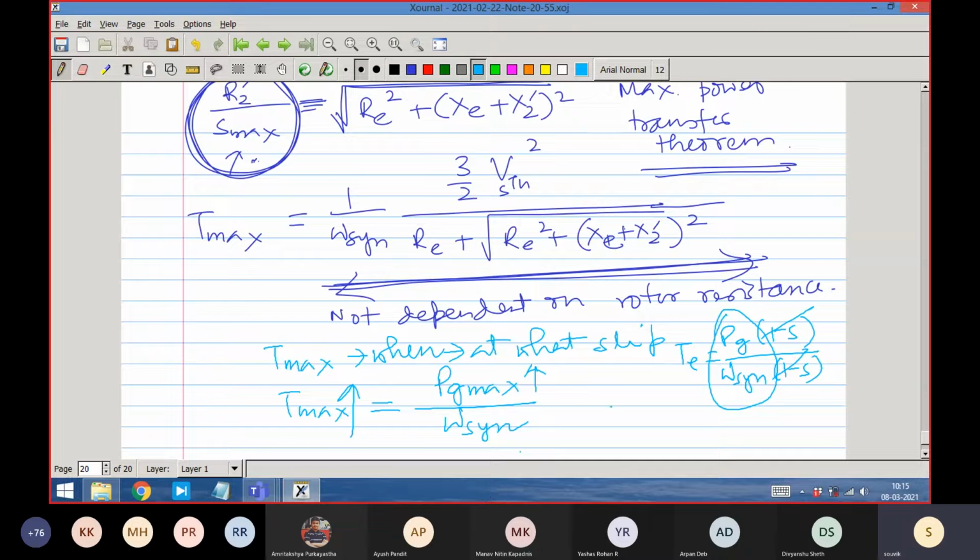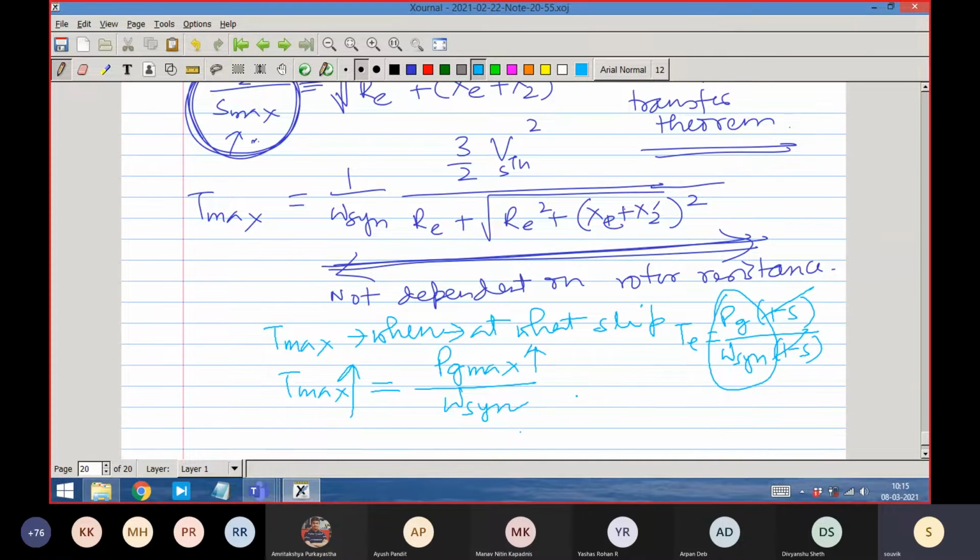PG is the air gap power. Let us look at the equivalent circuit quickly. PG is the power corresponding to here, that means the power that is entering the rotor.